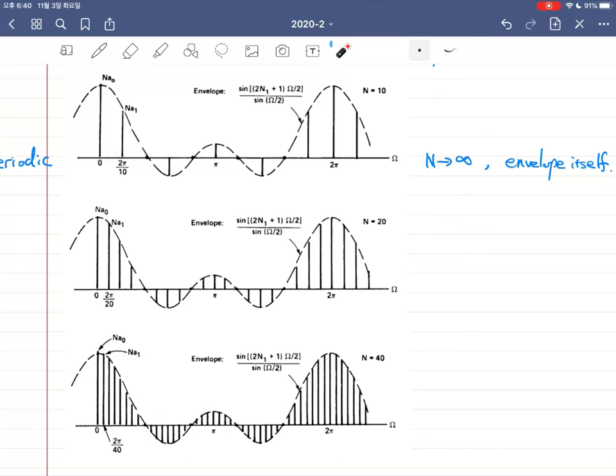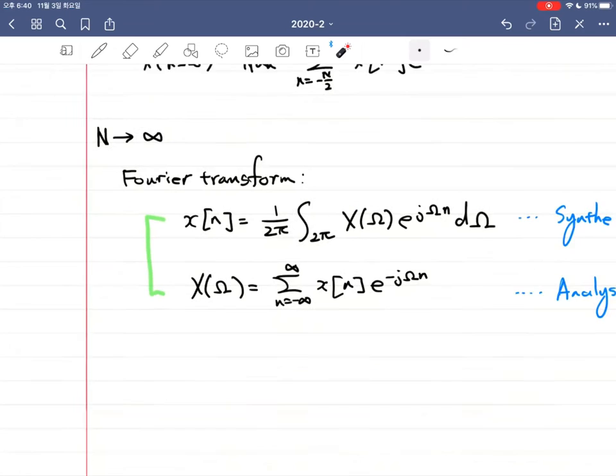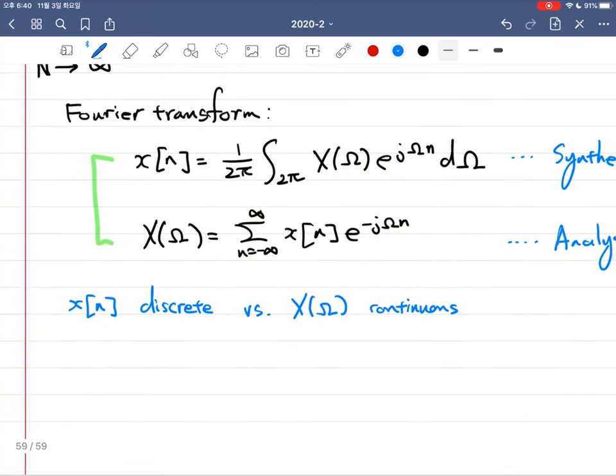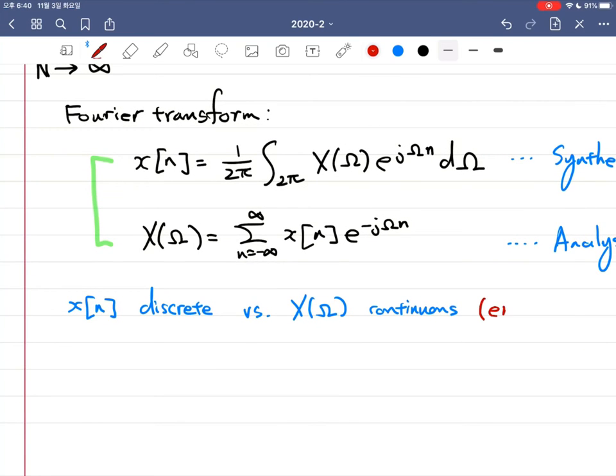So xn is discrete, however large X of omega is continuous, and I can better point out that this is the envelope if you plot this X of omega.